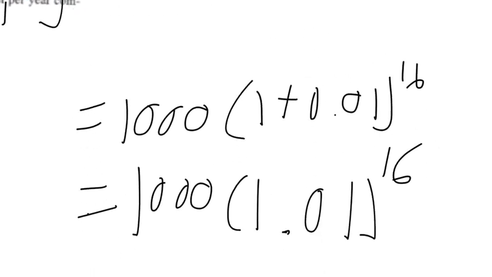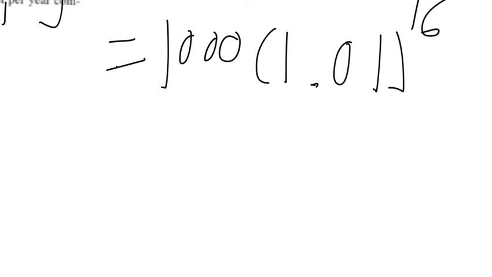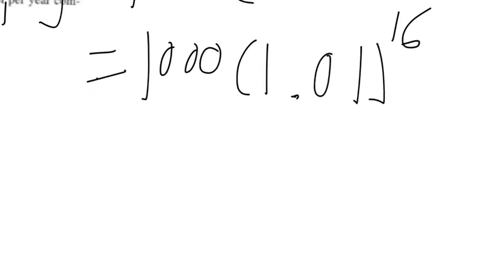You could have done it at the beginning, but I want to do it this way just to show you how to simplify it a little bit, maybe make it easier for you to type into the calculator so you don't hit the wrong button. Now when typing into the calculator, remember you're just raising this part, the 1.01, to the 16th power. And after you raise it to the 16th power, then you multiply it by 1,000.